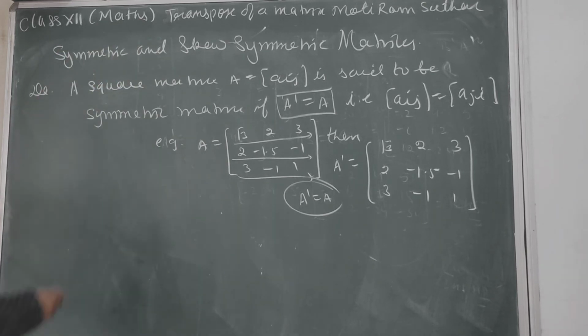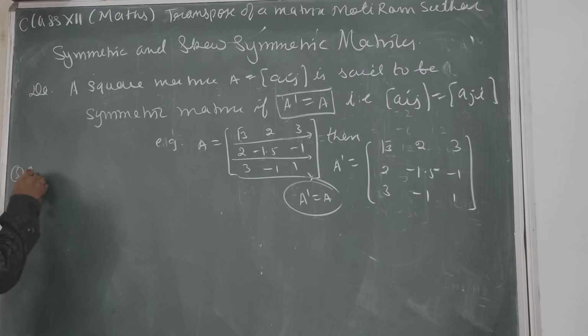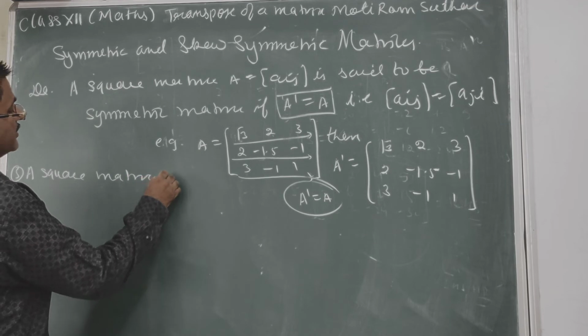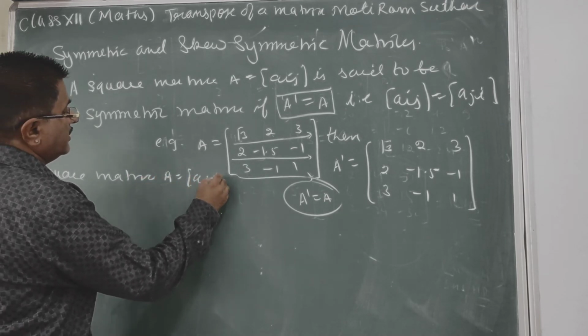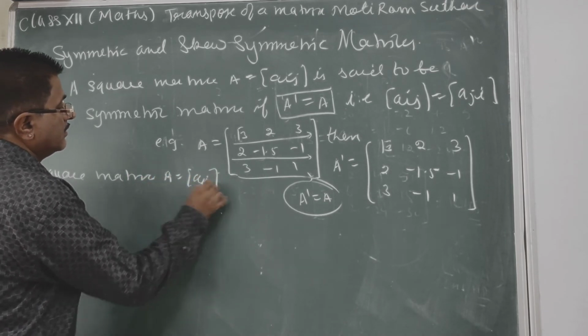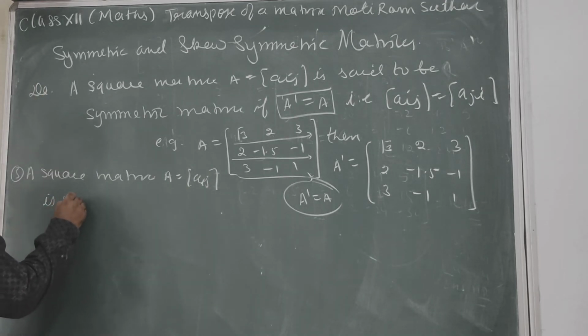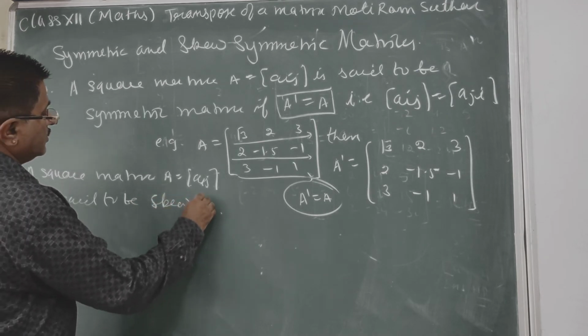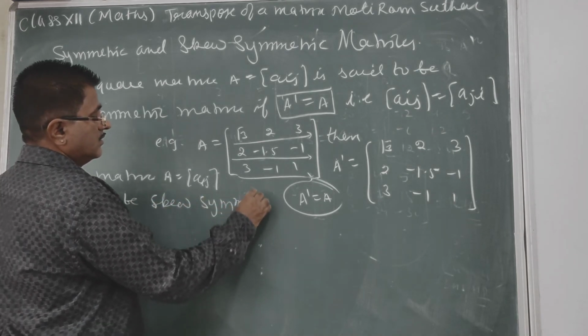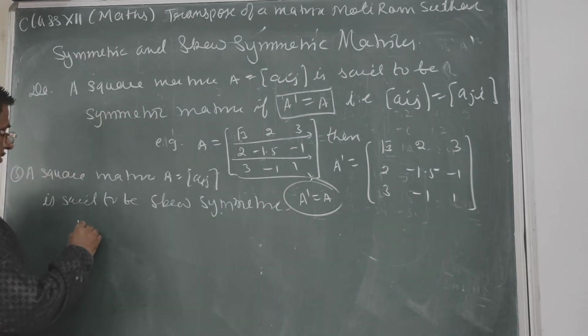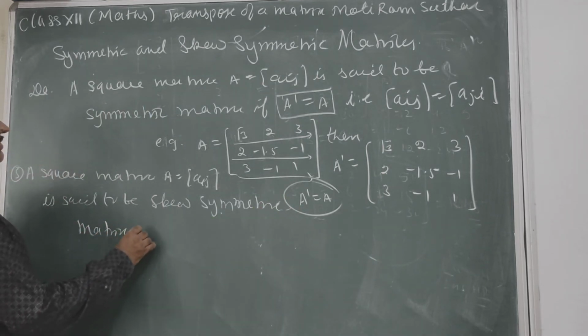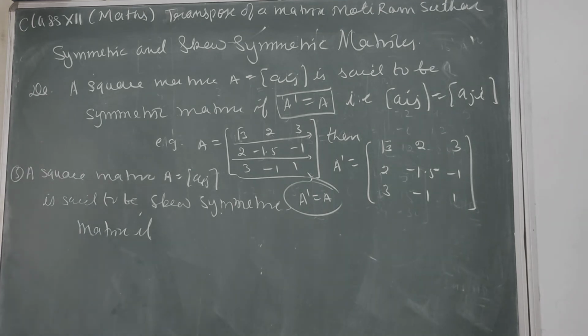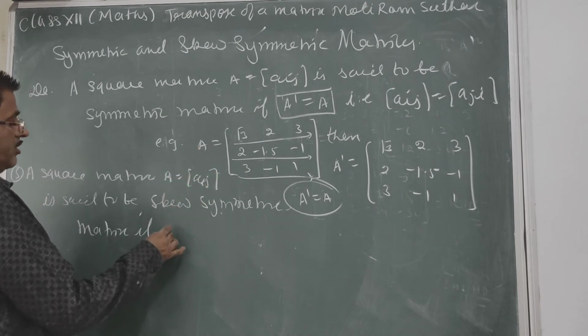A square matrix A is said to be a skew symmetric matrix. इसी तरह से थोड़ा सा चेंज है. A square matrix A is said to be skew symmetric if, what is the property?